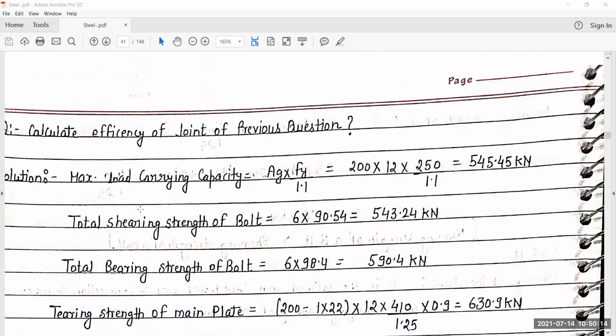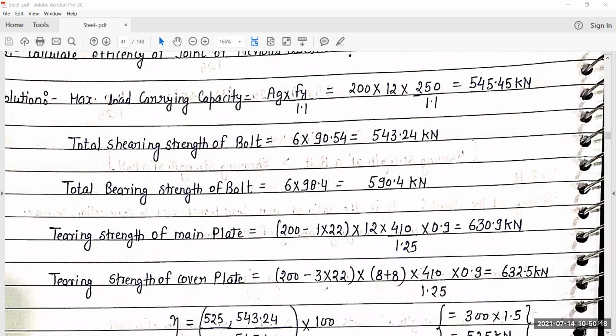Maximum load carrying capacity is A_g into fy upon 1.1 equal to 212 into 250 upon 1.1 equal to 545.45 kN. Then the total shear strength of the bolts is 6 into 90.54 equal to 543.24 kN.